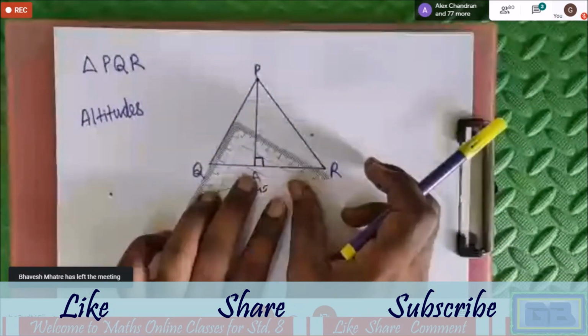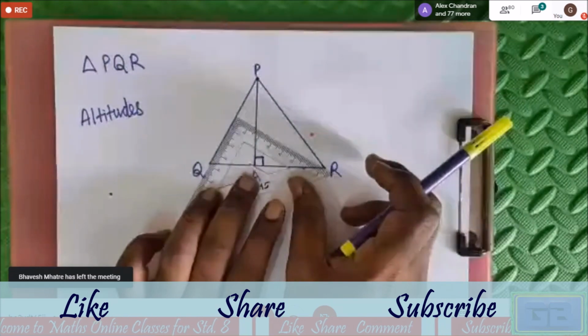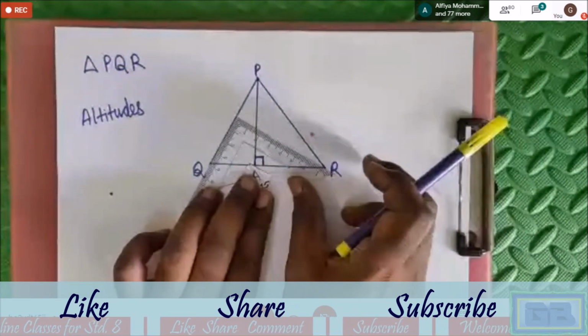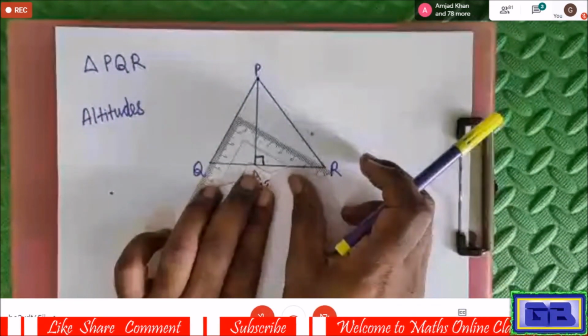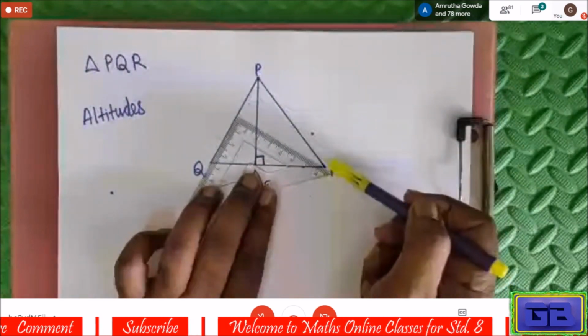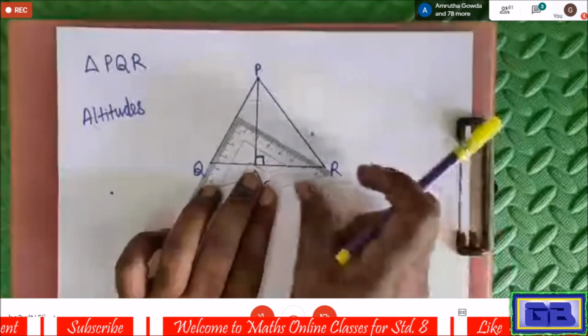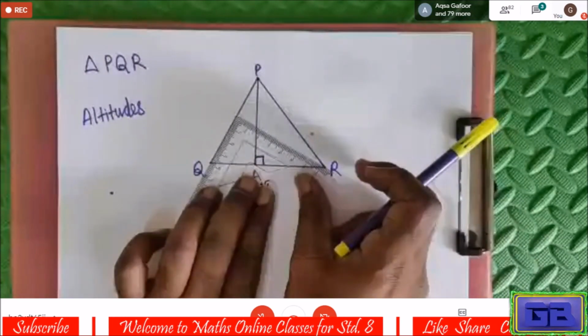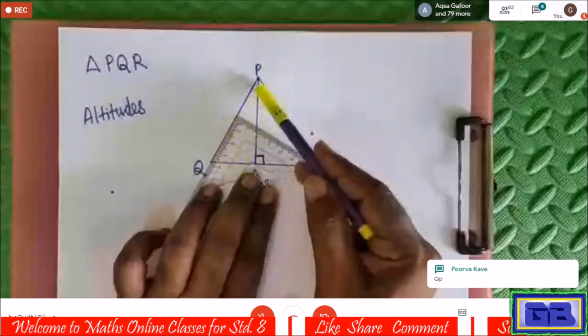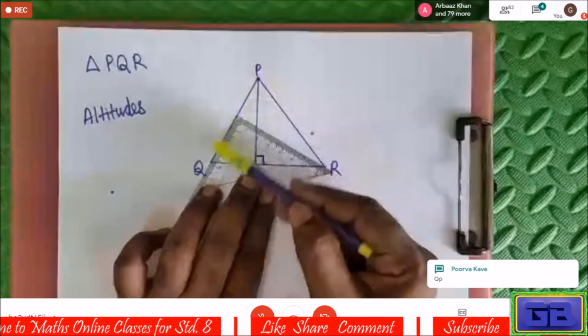So adjust your set square in such a way that the vertical side of the set square touches point R or vertex R, and this side settles on base PQ.